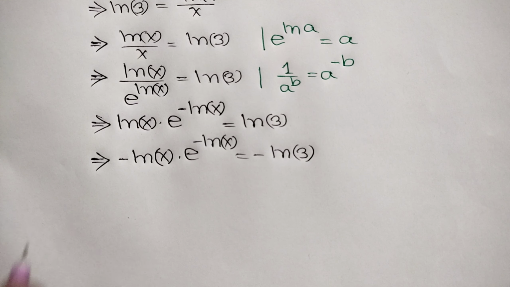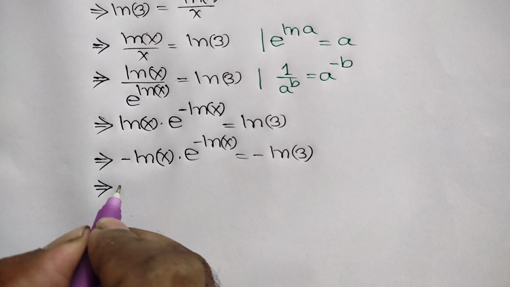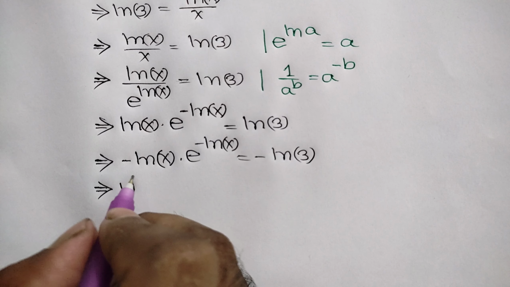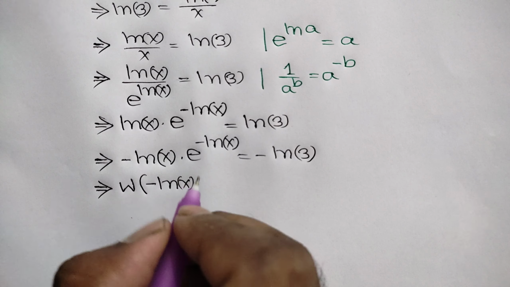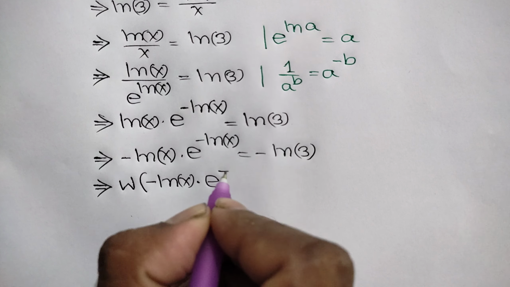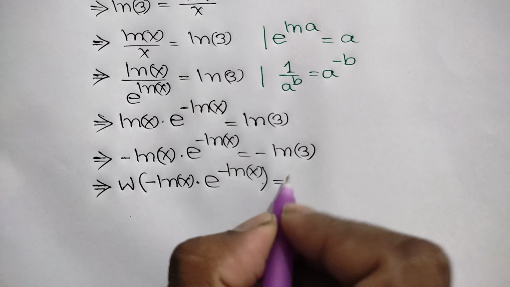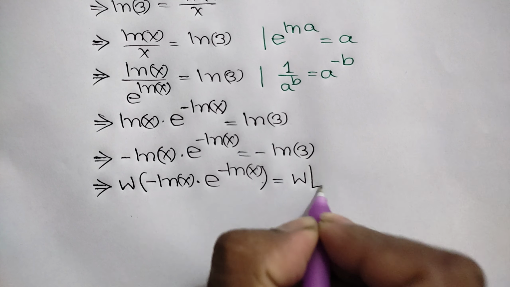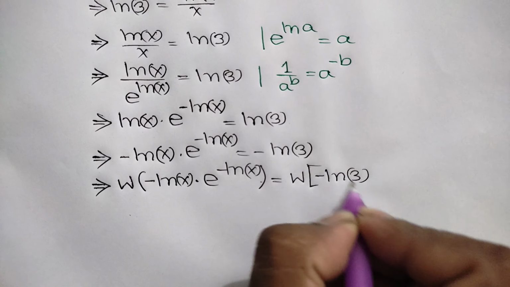Now taking the Lambert W function on both sides, we can write W of negative ln of x times e to the power negative ln of x is equal to W of negative ln of 3.